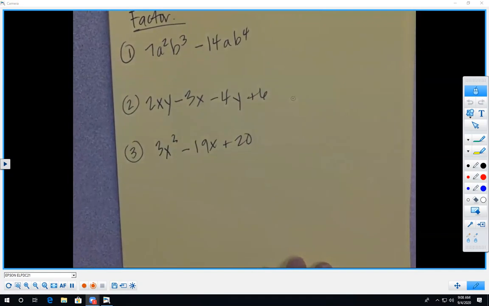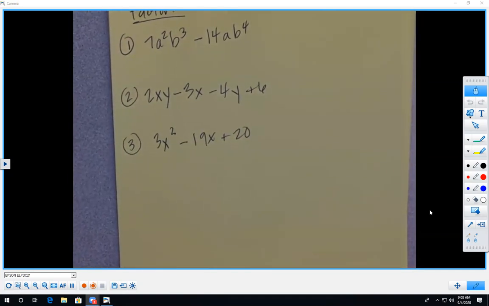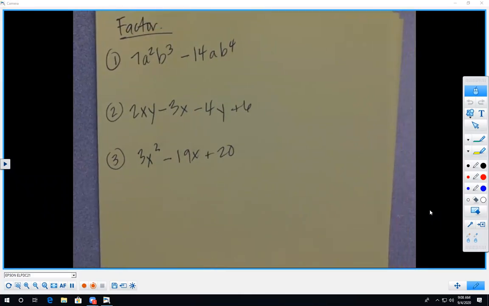Okay, so here's three factoring problems. Take a second and do those problems on your own. The three ways we've learned to factor so far are GCF, grouping, and AC method, and that's what these three problems are.